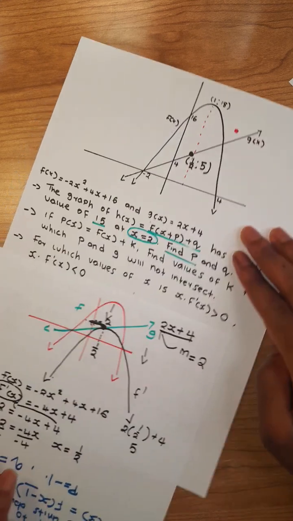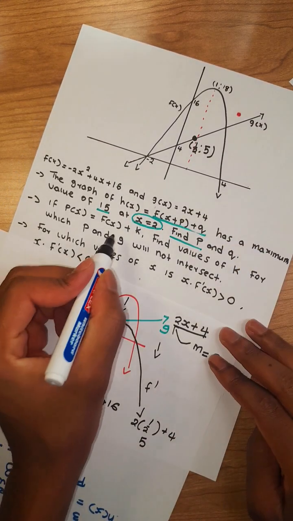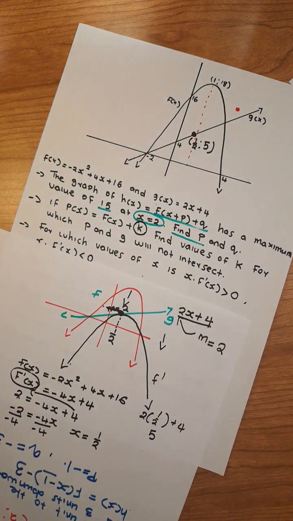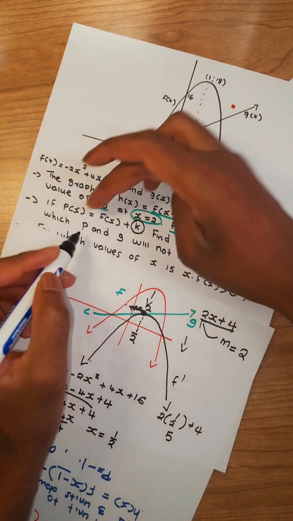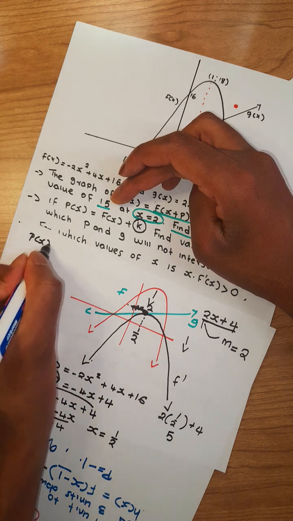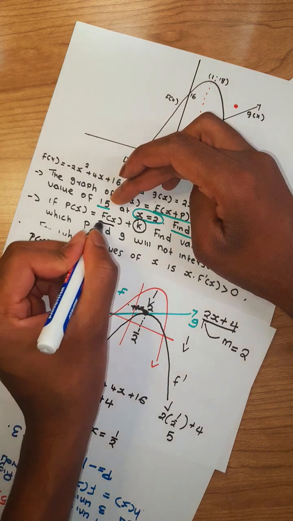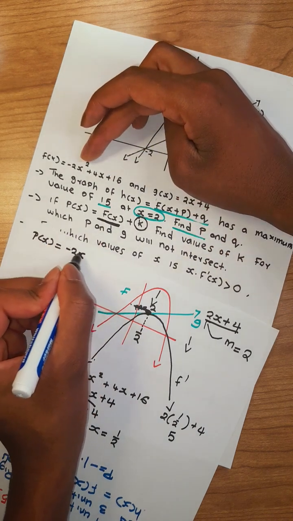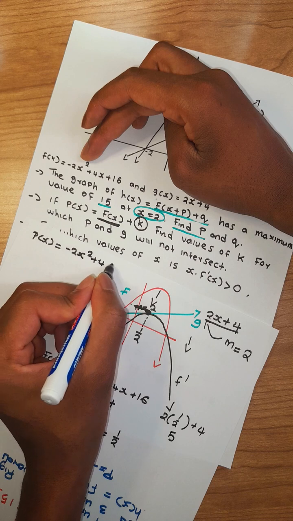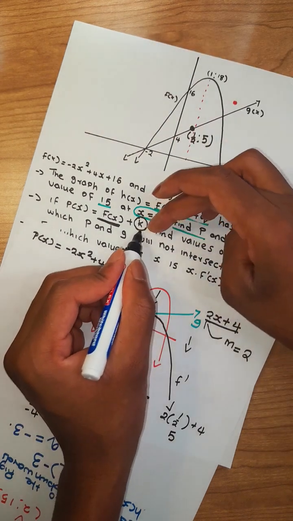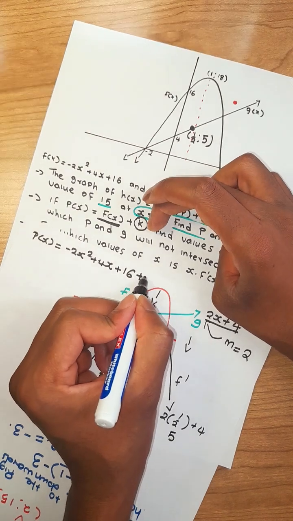Now, let's go back to this question. This question says we need to find the values of k. If you realize, let me write p at x. Your p at x is simply going to be f at x. What is f at x? f at x is minus 2x squared plus 4x plus 16. But we are now having a constant of k.